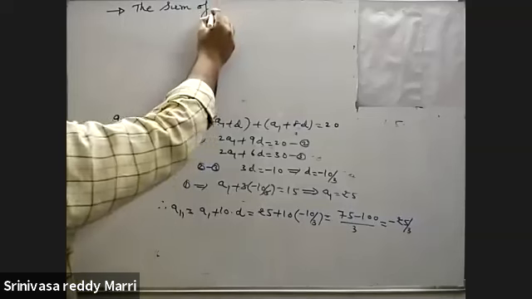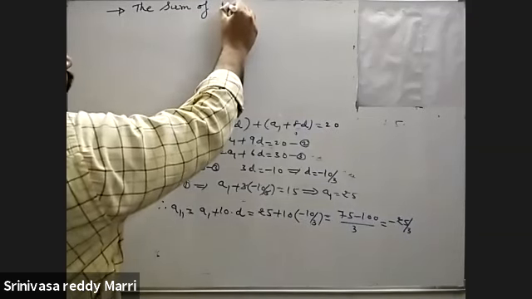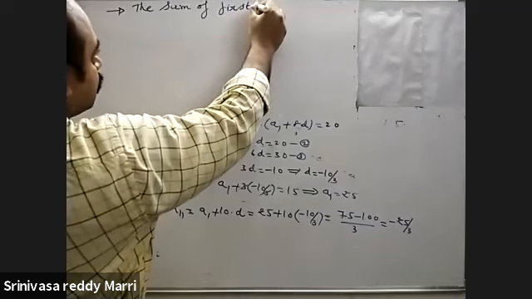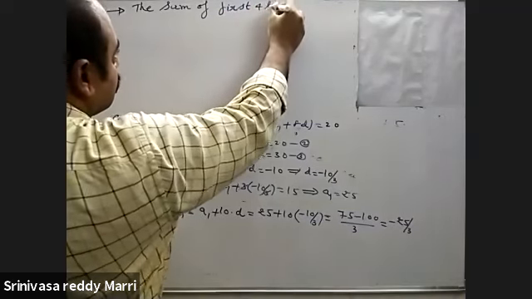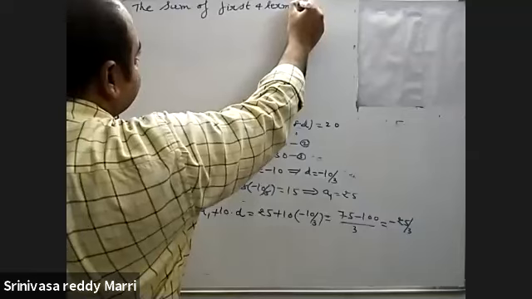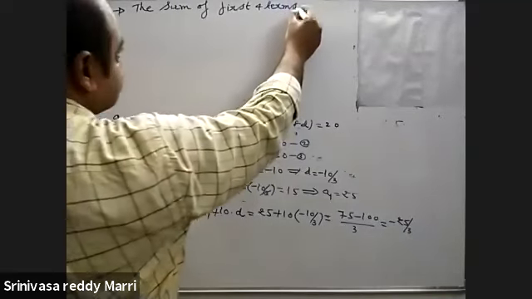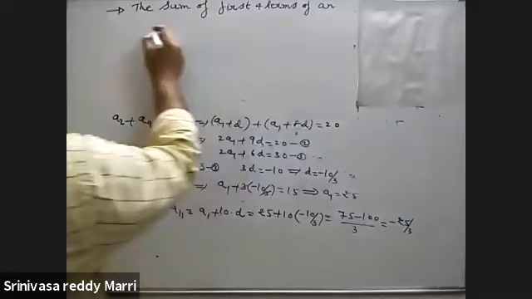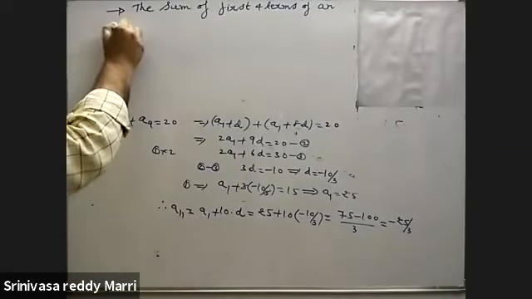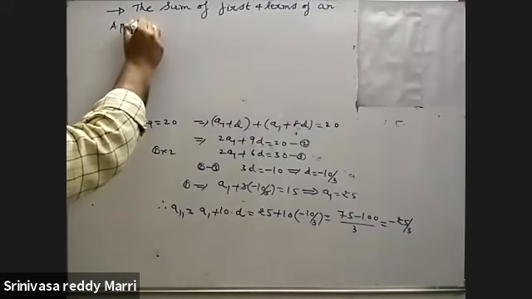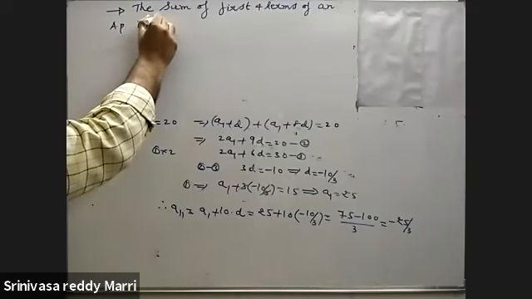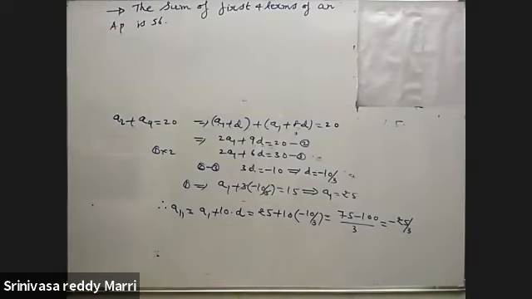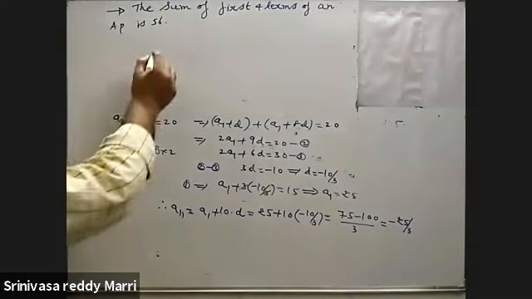The sum of the first 4 terms of an AP is 56.